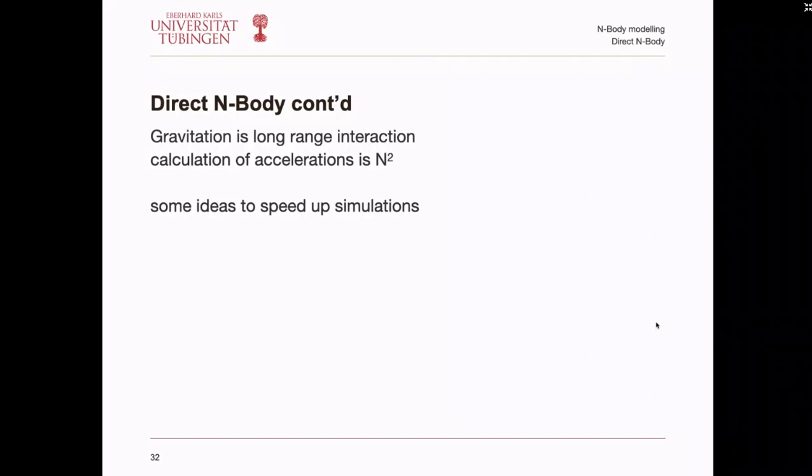So you have an n squared algorithm scheme. And so people try to develop ideas to speed up such simulations by different methods. And I just want to show here different methods of how one can speed up n-body simulations.